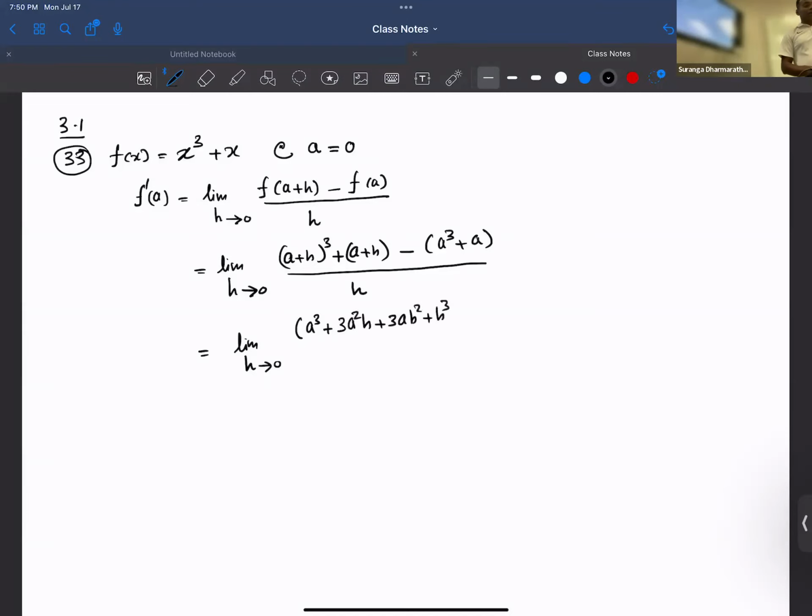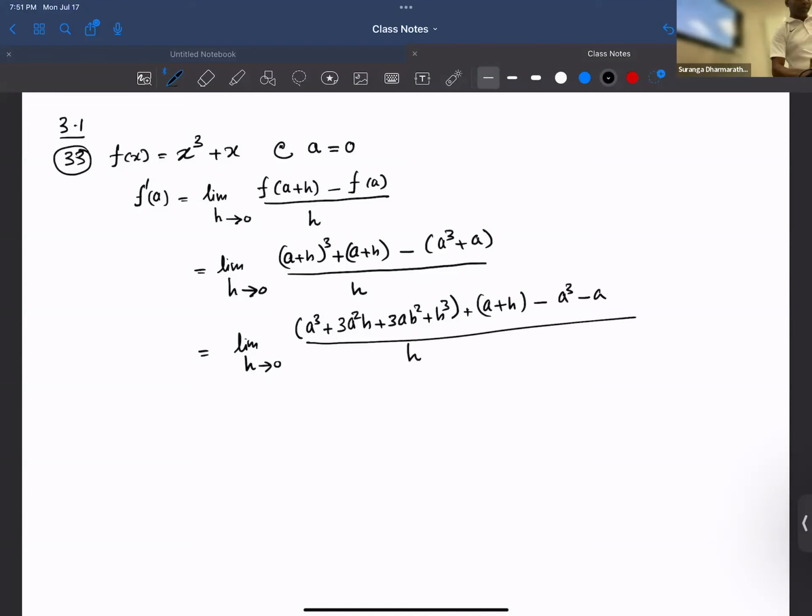So a plus h cubed. Sounds good. So now plus a plus h, right? Minus a cubed minus a, divided by h.